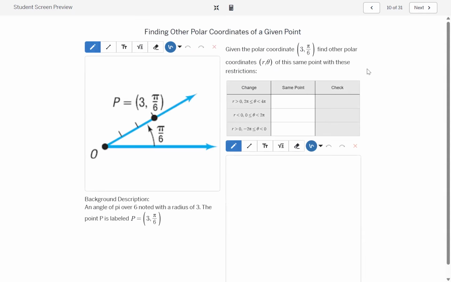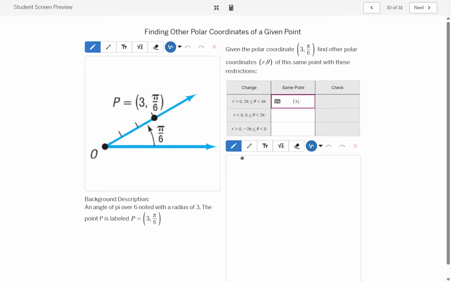So that's what our next slide is asking us to do. They're giving us the polar coordinate point 3 comma pi over 6, and they're asking us to come up with equivalent polar points. So our first point, they're saying the radius is positive, so that means the radius has to be positive 3. There's no other number I could put for the radius to keep this location the same. But they want us to have an angle that's bigger than 2 pi, but smaller than 4 pi.